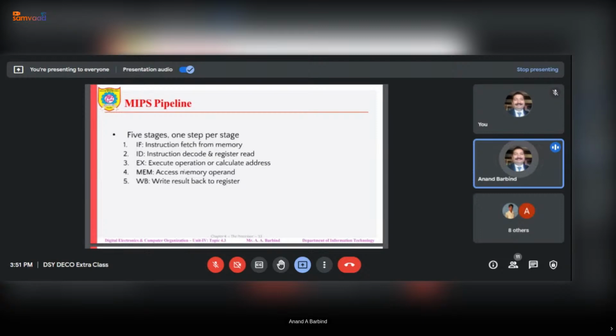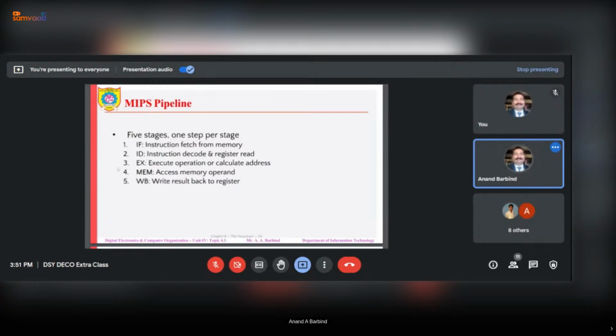Then access the memory, so perform some operation on the data memory, either read from the data memory or write into the data memory. And finally, write the result back to the register. So this is the fifth operation. Any instruction may perform one or more of these operations. In some instructions, some operations may not be present, for example writing into the register or reading or writing the data memory, but almost the first three are there in each and every instruction.